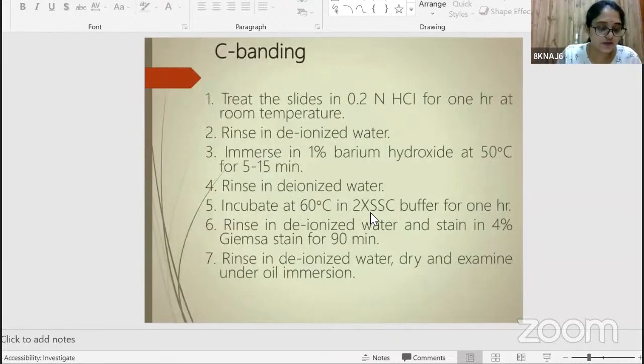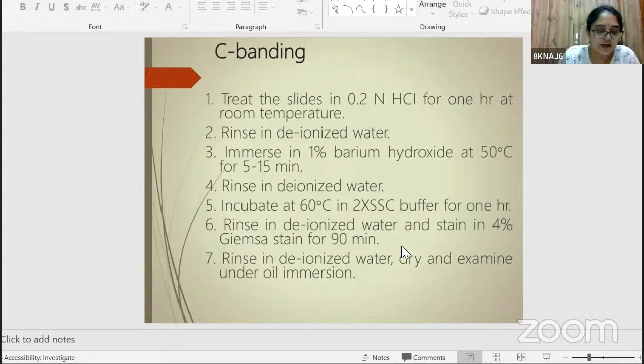So C banding is the centromeric heterochromatin banding, selective staining of the centromeric region and other regions with secondary constrictions takes place. And you can actually see chromosomes 1, 9, 16 and the long arm of the Y chromosome with this kind of banding.